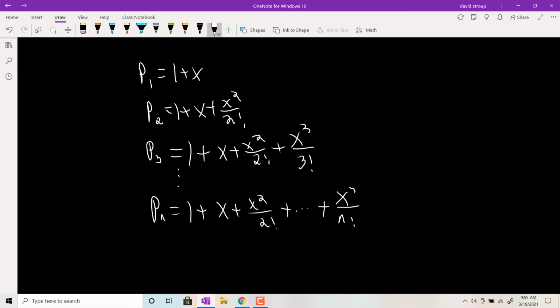And then in the end chapter, chapter 9.10, we'll worry about taking the limit of the sequence of polynomials as n goes to infinity.